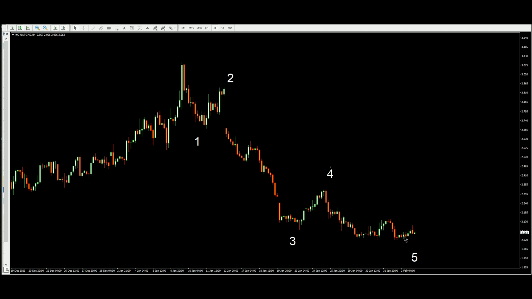Where is up end of wave 5? We don't know 100%. Okay, let's see lower time frame.